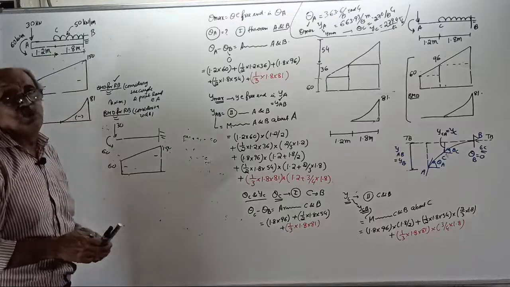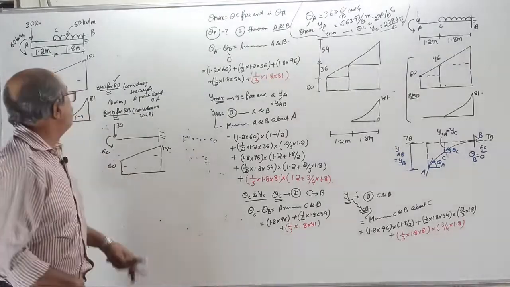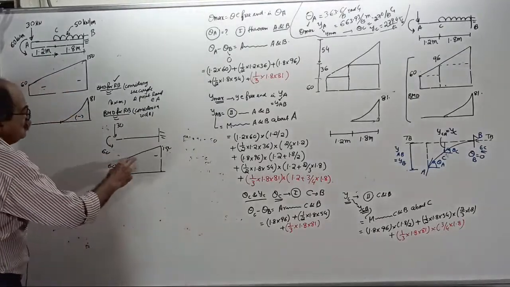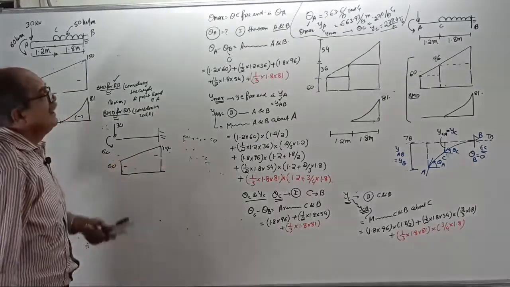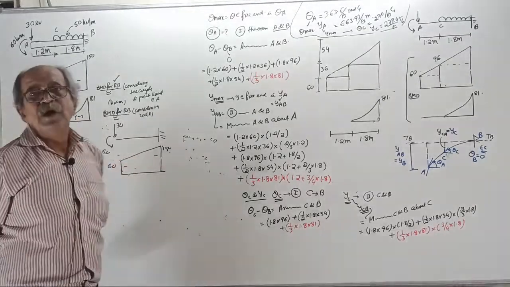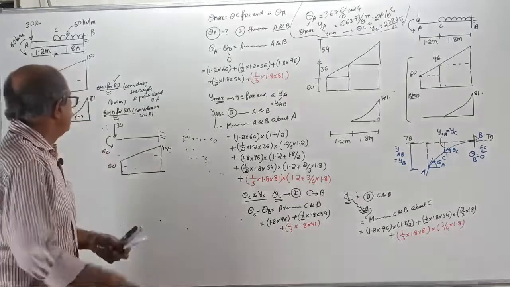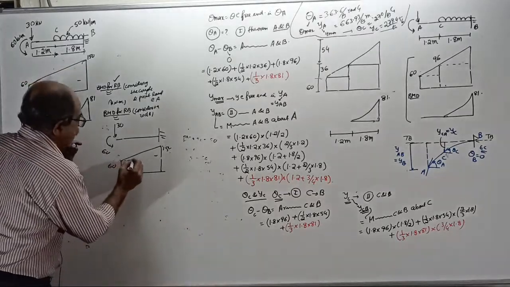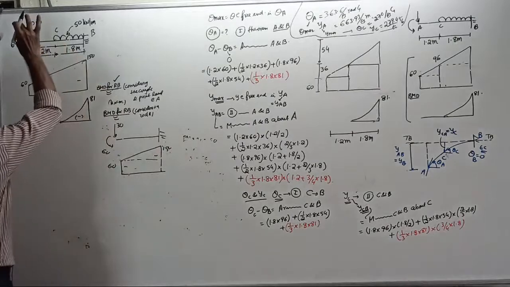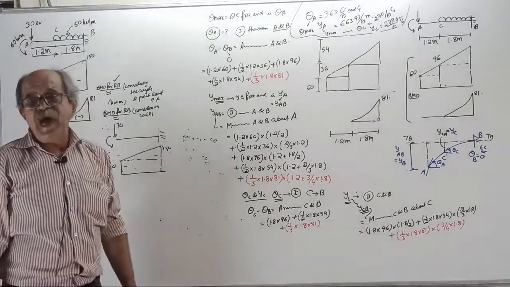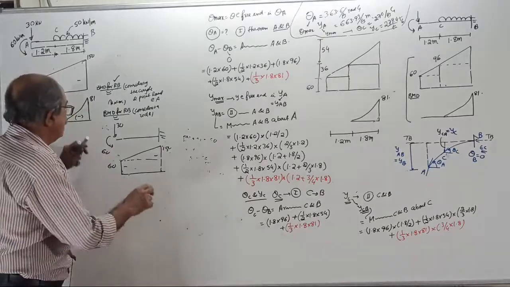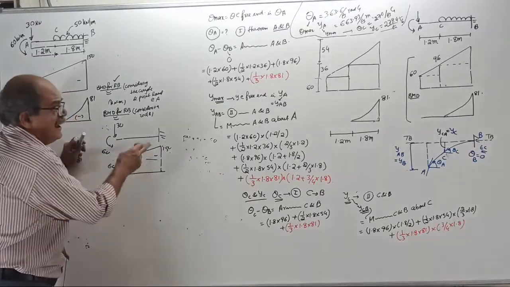Now, suppose you want only the slope and deflection at the free end, maximum. Then you don't have to consider it, just divide into rectangle and triangle, clear? If your purpose is to find slope and deflection at A only, divide into rectangle and triangle.